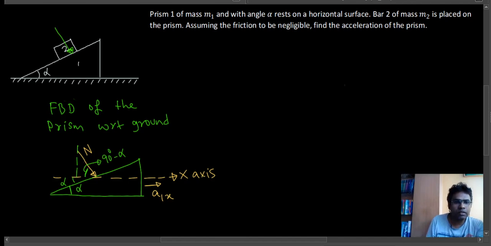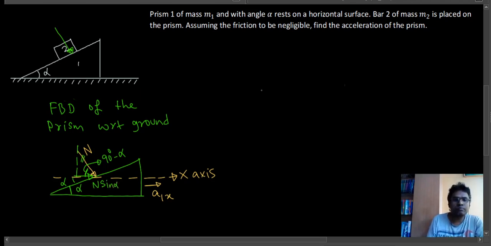So if I take the component of the normal force in the horizontal direction, which will be n into cos of 90 minus alpha, I'm sorry, so this will be n into sine alpha.